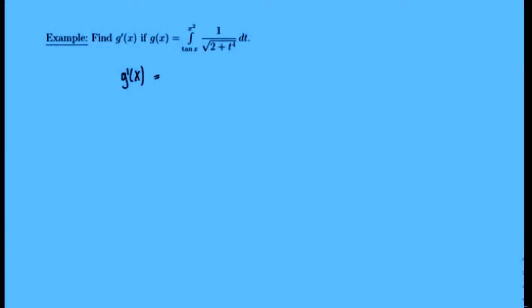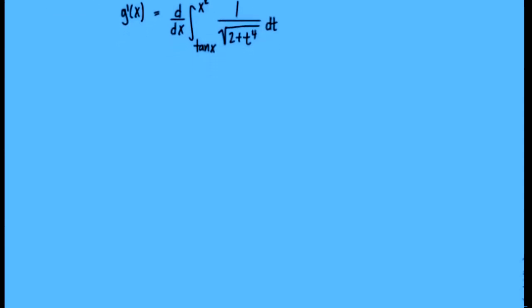So I have g prime of x. Remember that is the derivative with respect to x of the integral from tan x to x squared of 1 over the square root of 2 plus t to the fourth dt. All right, I need to introduce a constant, and what I am going to do is break up my integral at 0.